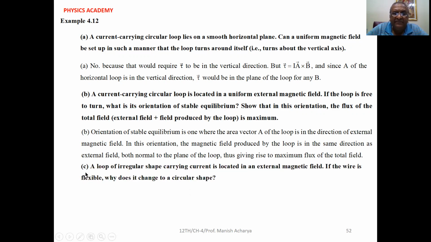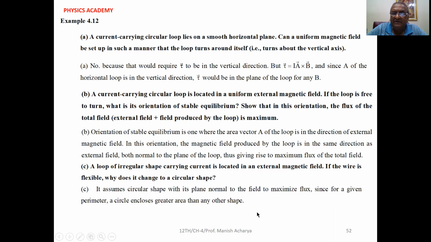Now see, a loop of irregular shape carrying a current is located in an external magnetic field. If the wire is flexible, why does it change to a circular loop? Because here, on each infinitesimally small current element, if we consider the force acting, it will be in the outward direction, and due to that it will become a circular one.